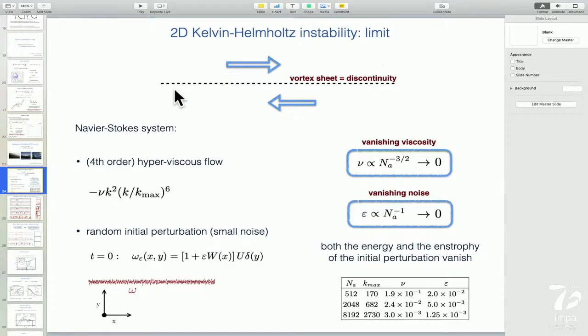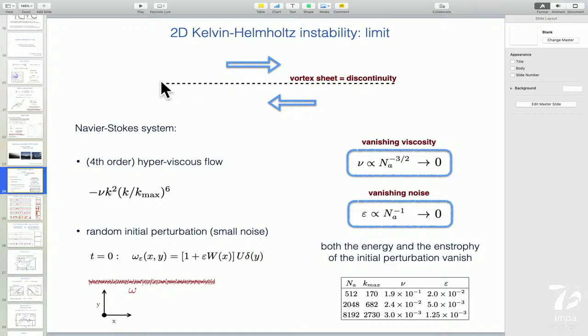If the interface is a straight line, it's a solution, because the upper fluid does not interact with the lower. And even if you put in viscosity, they will interact, but they will still have a solution where the upper part moves to the right and the lower part moves to the left.